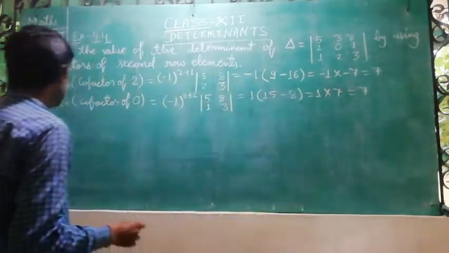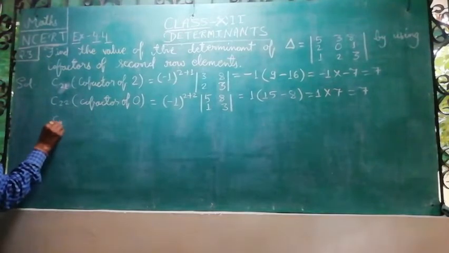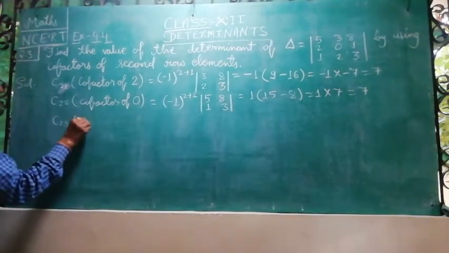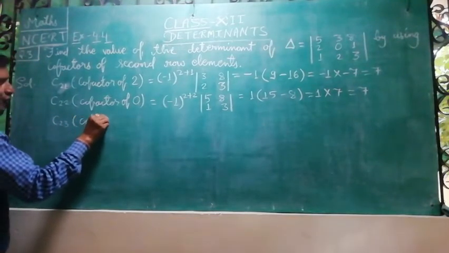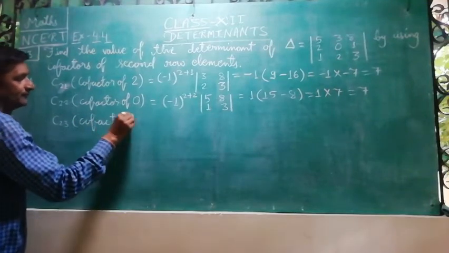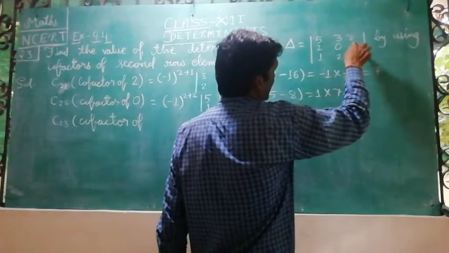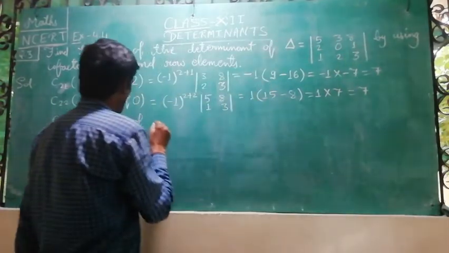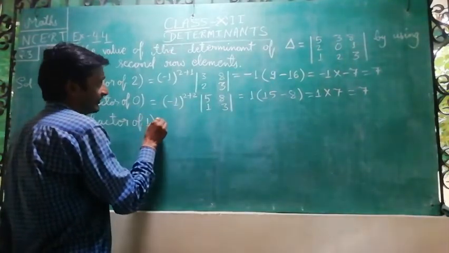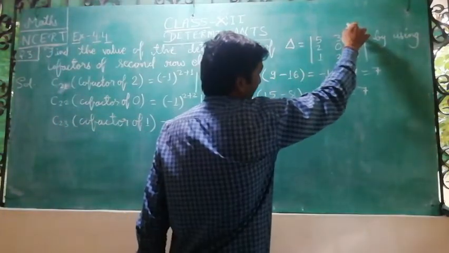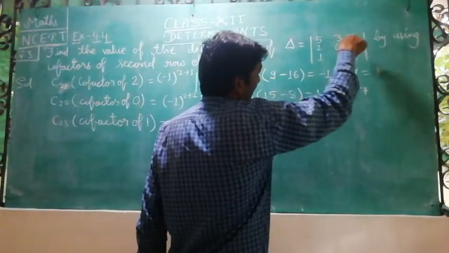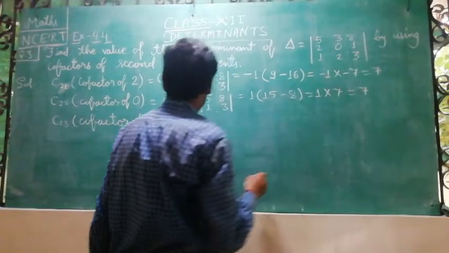Now C23. C23 means cofactor of which element? 2, 3 means cofactor of 1. Second row and third column is eliminated. 5, 3, 1, 2 are the elements.